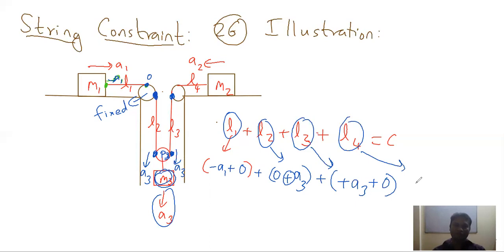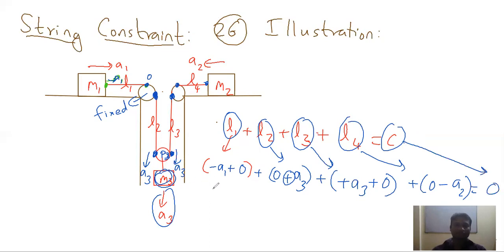Finally, this L4 length here. For L4, this point is fixed, so plus 0. And this point is moving with acceleration A2 in negative direction, and it leads to decrease in length L4, due to the movement of mass in left direction. Decrease in length means we will have minus A2. Finally, derivative of constant is 0.